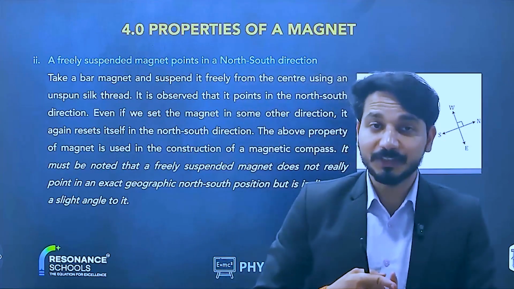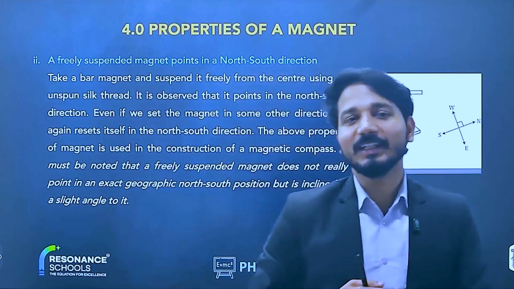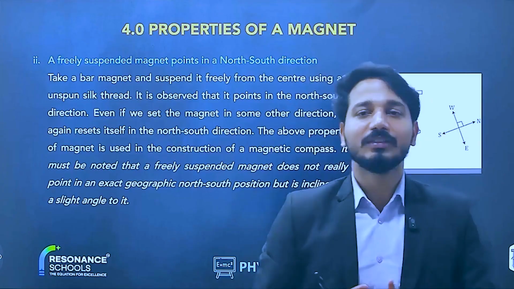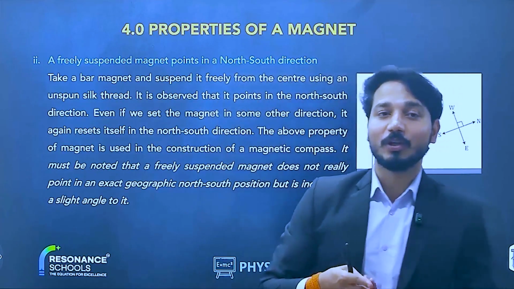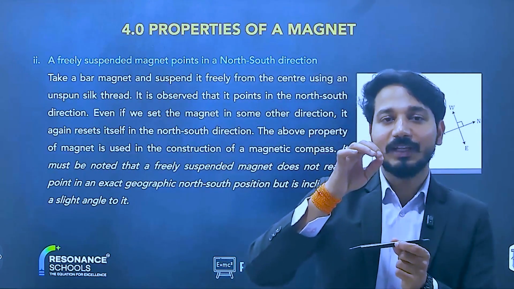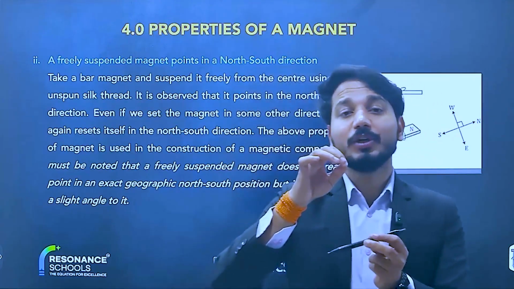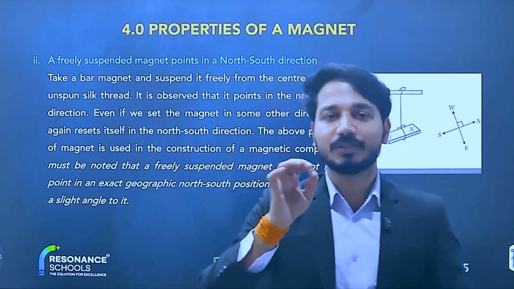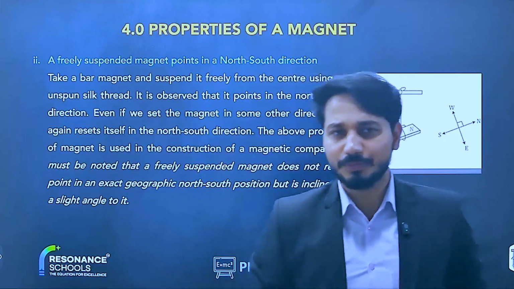So first property we understood, magnets attract magnetic material. Magnetic materials like metals, iron, cobalt, nickel, bismuth, right? Clear? Second property we also understood, whenever a magnet is suspended freely, left freely in air, tied with a thread, then it always points, or you can say it always rests in north and south direction after few seconds.